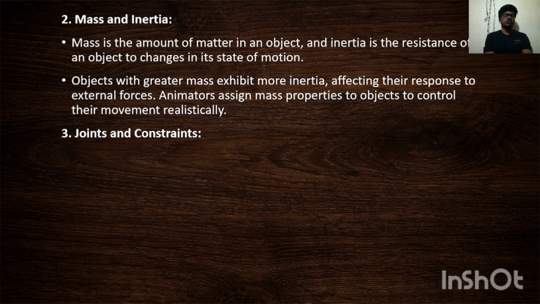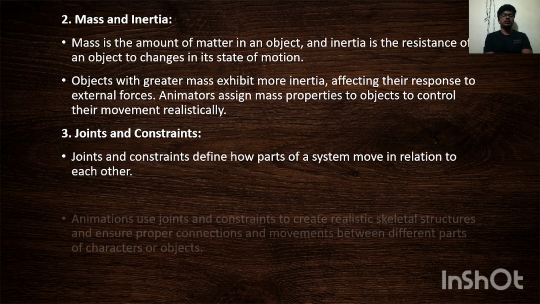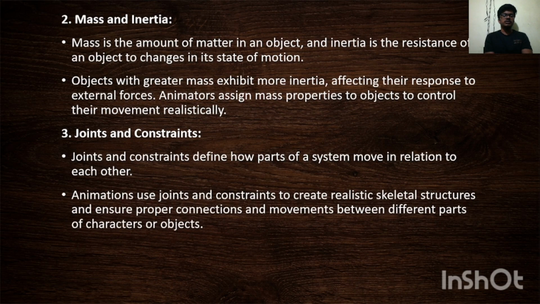Next we have joints and constraints. Joints and constraints define how parts of a system move in relation to each other. Animators use joints and constraints to create realistic skeletal structures and ensure proper connections and movements between different parts of a character or objects.